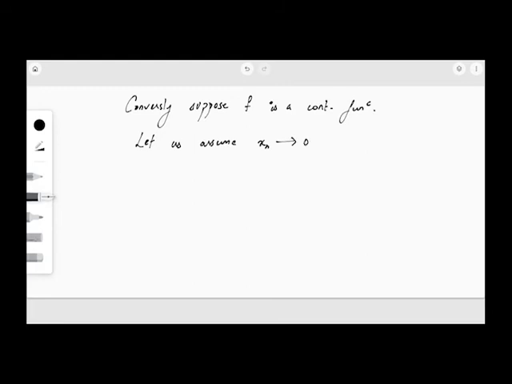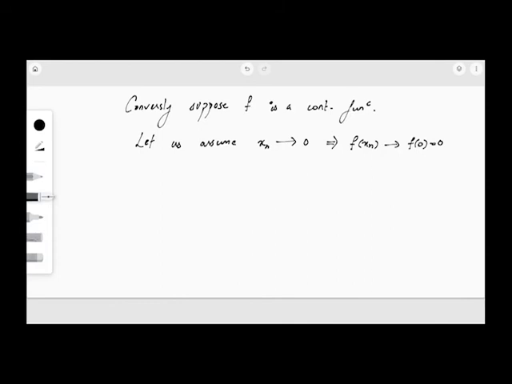Now since f is continuous, we can say that f of xn converges to f of 0, and f of 0 is 0, right?